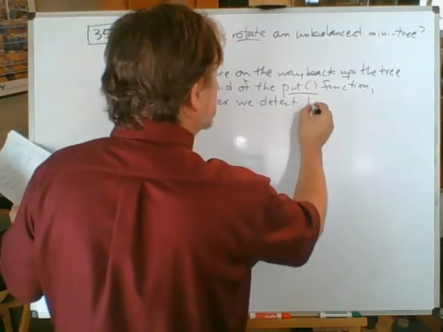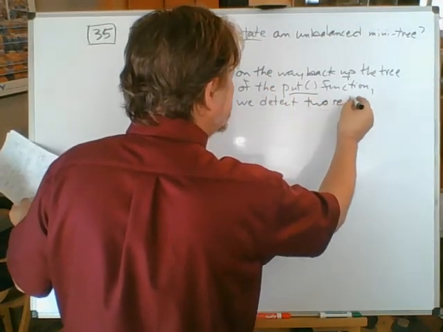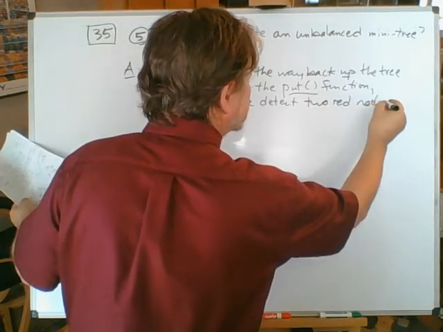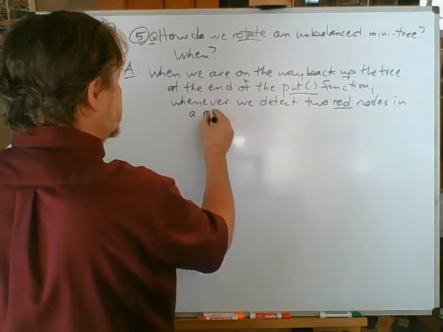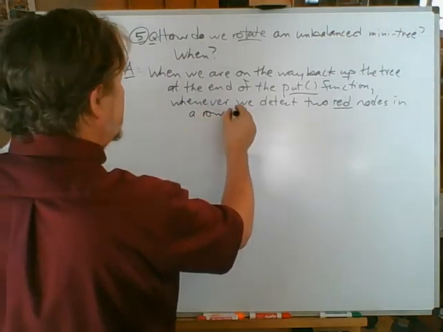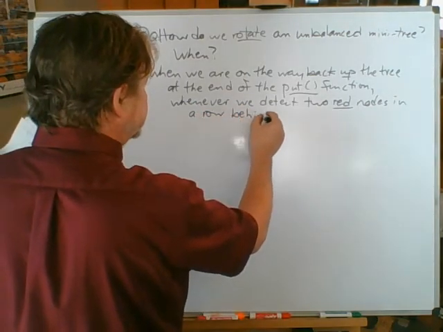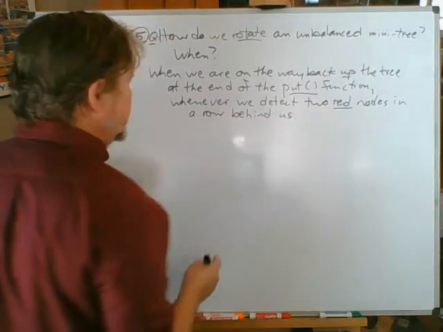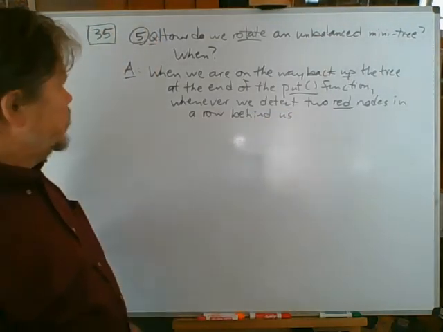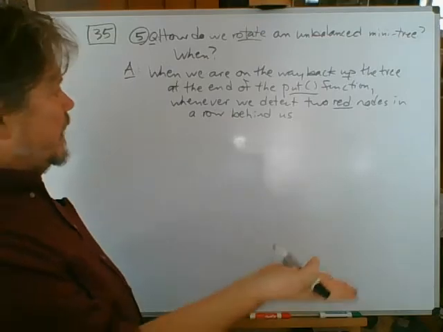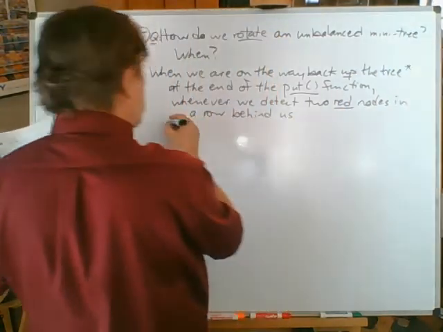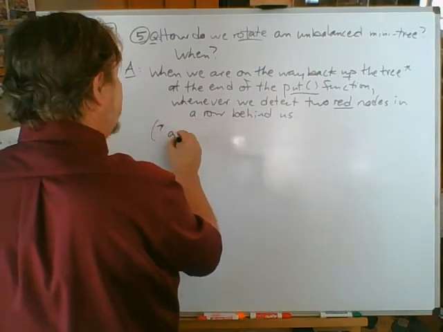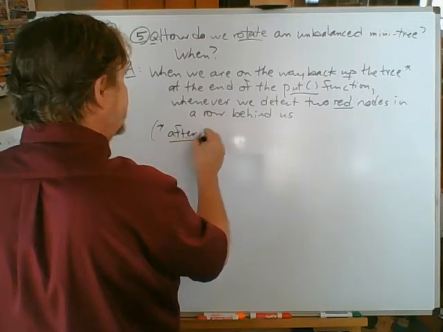Whenever we detect 2 red nodes in a row, I'm going to slip in some non-technical terms here. Behind us. I almost felt like putting that in quotes, but I don't think I will. When we are on the way back up the tree, asterisk, after, that's going to be after the recursive calls.